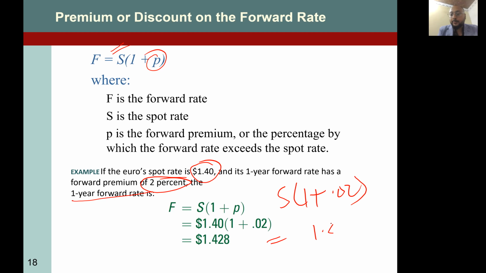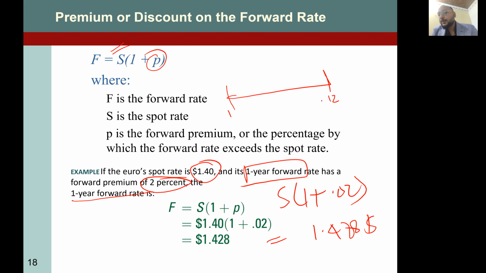Forward is going to be 1.428. One year forward means that the settlement is going to take place after 12 months.